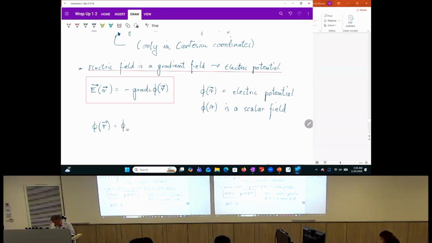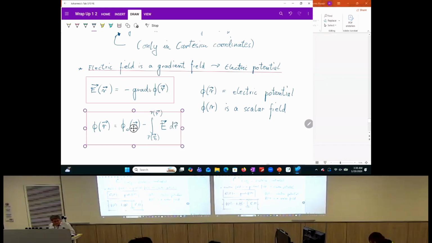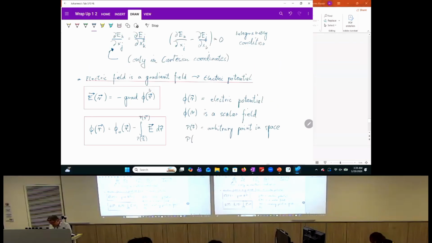You obtain it from a reference potential at a reference point r naught, integrating from the reference point to the point r over E dr. P of r is an arbitrary point in space, and P naught is the reference point.